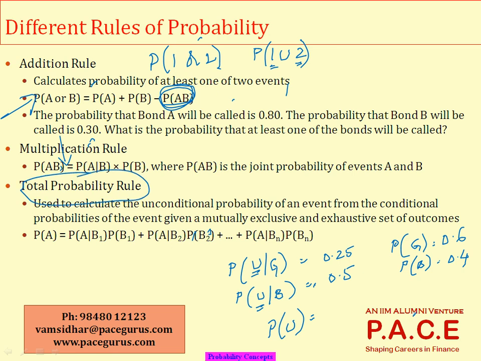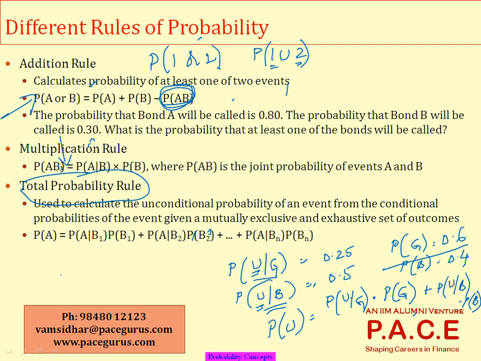What I'll take is, I'll take all the possible conditional probabilities. So I'll take P of U given G and multiply it with P of G. What is the chance that a good economy will be there? And if it is a good economy, what is the chance of unemployment? Similarly, I'll take probability of unemployment given bad multiplied by the probability of a bad economy.